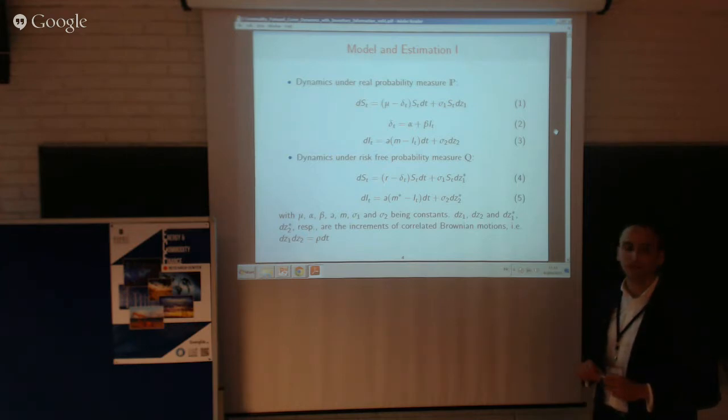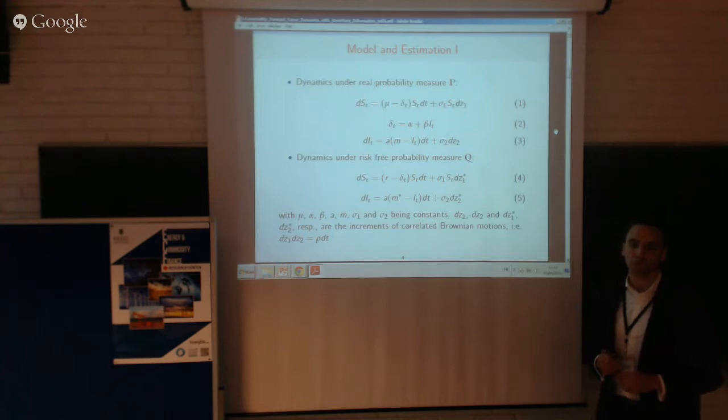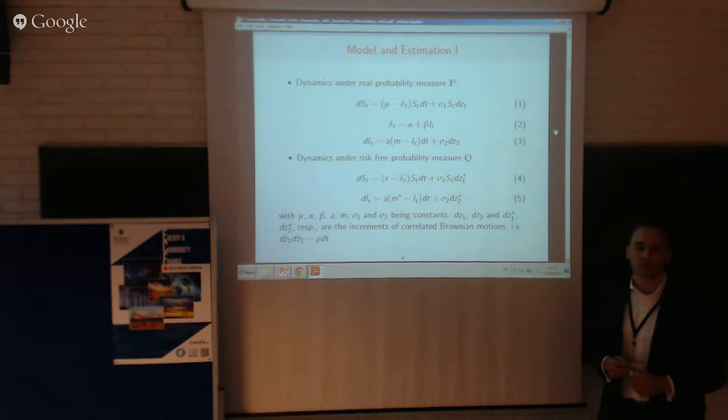You still have the alpha coming in, you still have the beta times I, and I don't see the M there. I'm more comfortable if you had modeled where you're supposed to be at that point in time and where inventory is. That tells me a little bit more about where the pressure on the price is trending, up or down. I just saw this and thought, if that was the question I would have asked myself when I look at equation 3, how would that affect the drift of the oil?